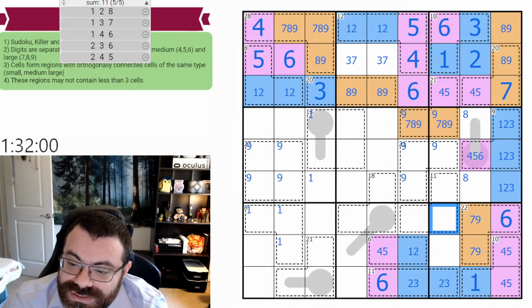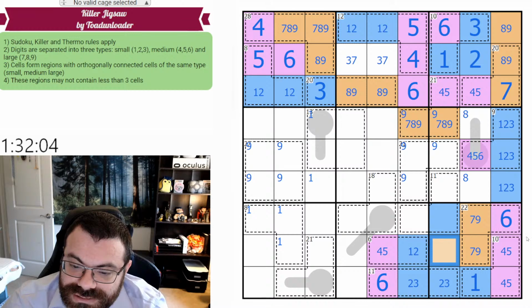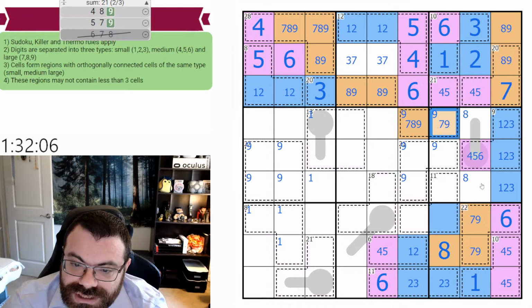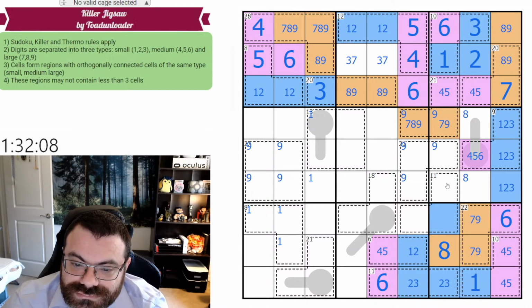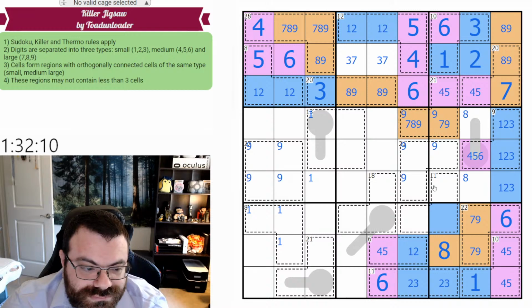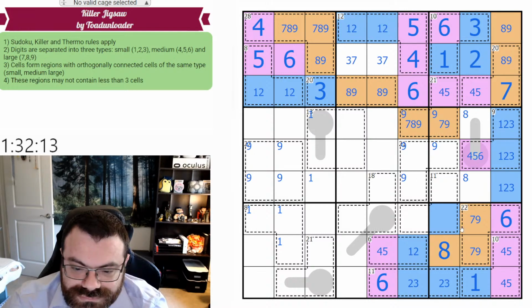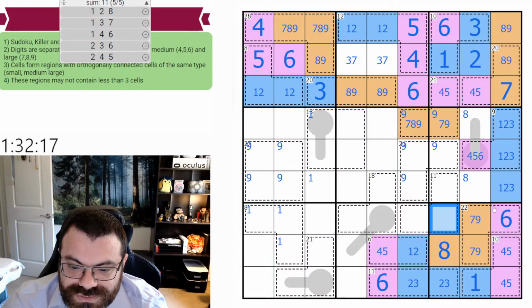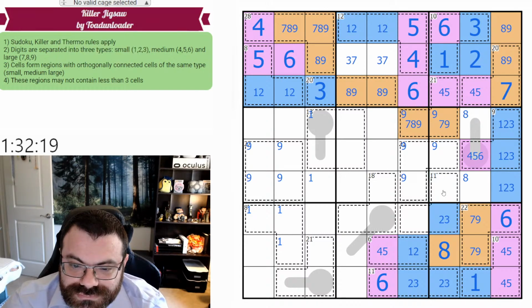So this is low then. And then this is the high. That's the 8. That's not 8. This is 2 or 3.